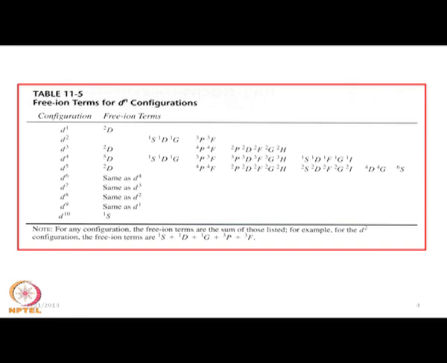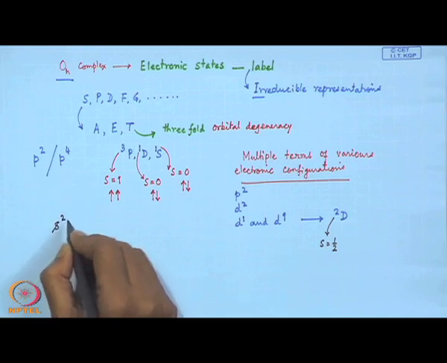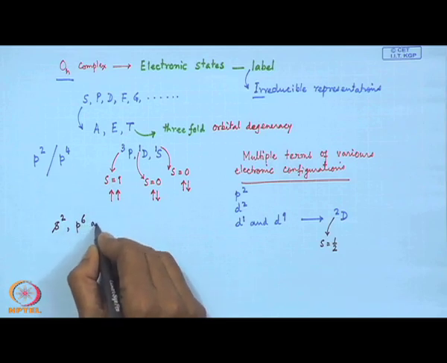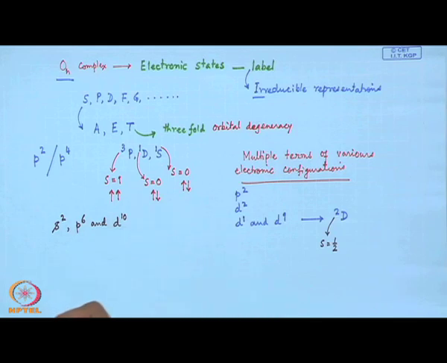So, this is a full form of these various electronic configurations. We can include also s2, p6 and d10, because these are the filled levels, when all the orbitals are filled.